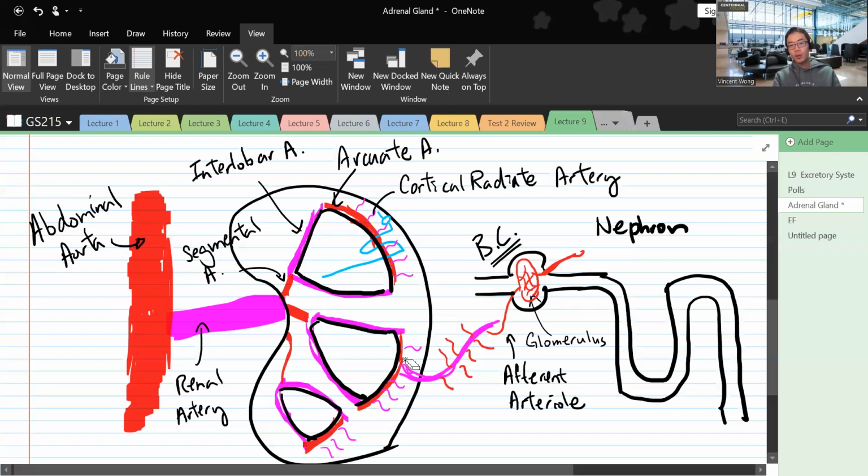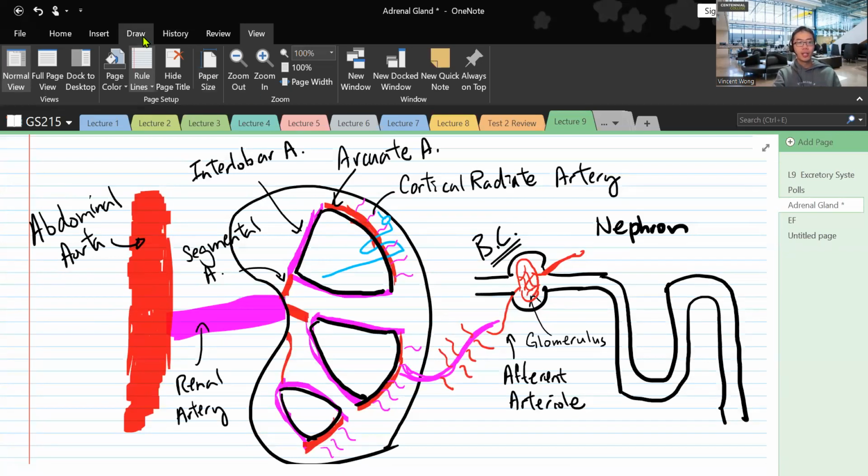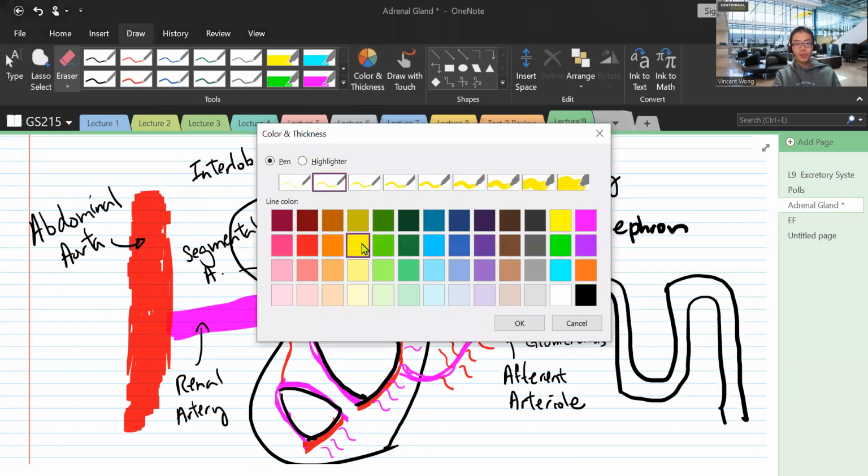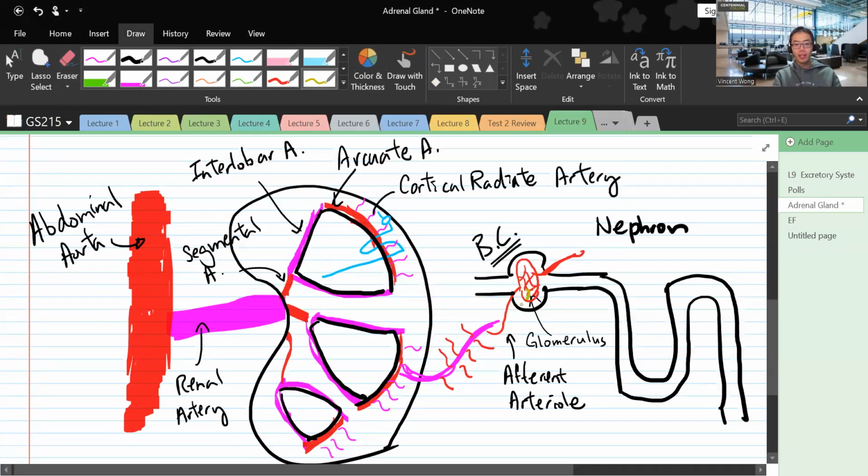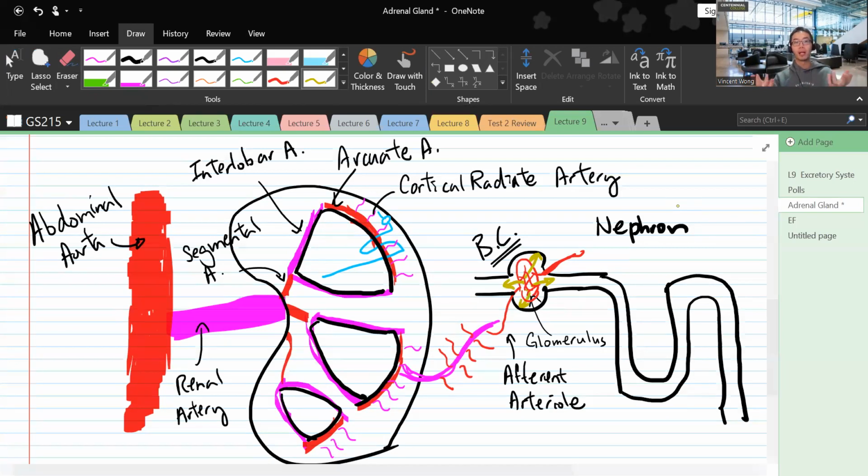So when the blood goes through the glomerulus, you're gonna have all sorts of stuff being pushed out from the glomerulus. These arrows represent things that are being pushed out. Now, when I say things, I don't necessarily mean blood.